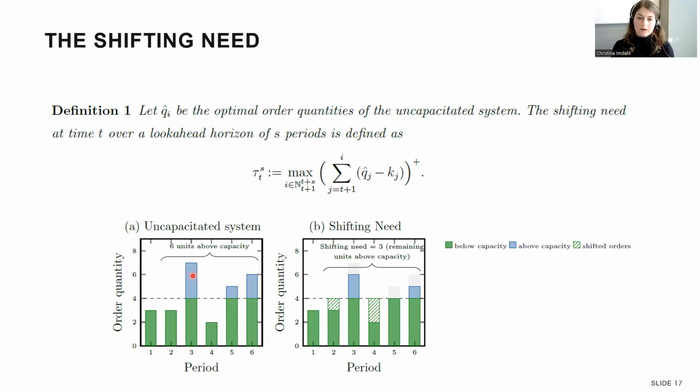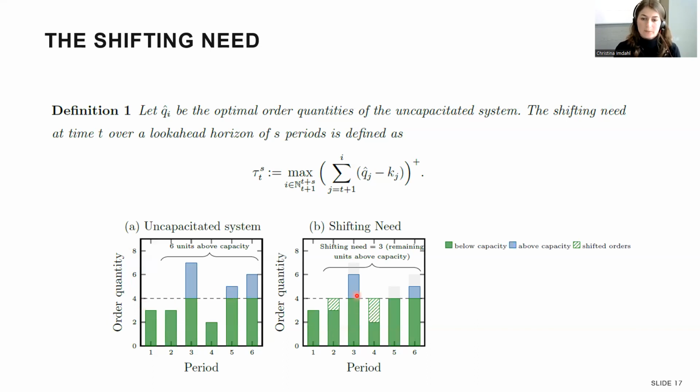Then the shifting need for the current period, so for t equal to 1, looks at how many of these future capacity peaks do we want to shift to period 1, taking into account that we can also shift to the preceding periods before we actually reach t equal 1.